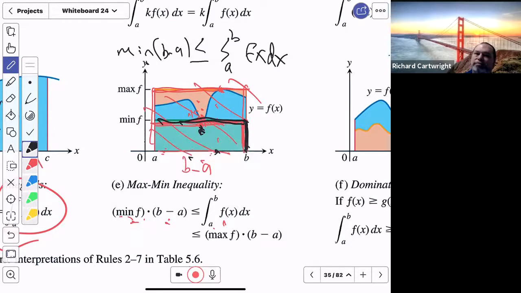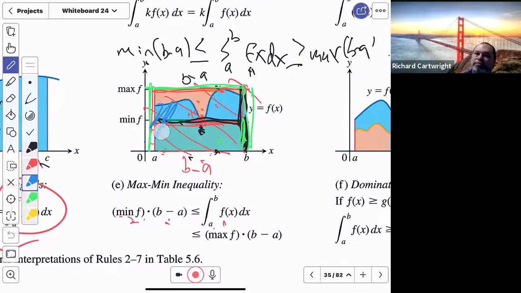And at the same time, the true area of the function will always be less than the maximum value of the function times b minus a, because b minus a stays the same, but the height to that piece is bigger than this height. You see that? That height is smaller than the full height. So that rectangle will be more than the actual, because the actual area is only this.